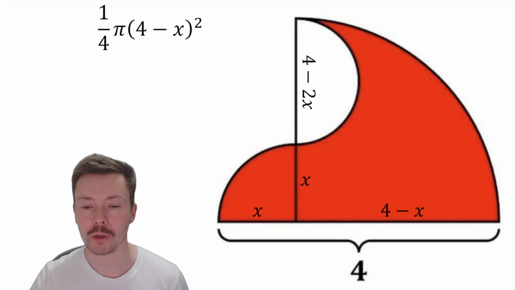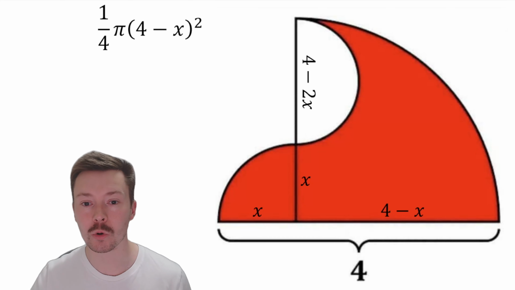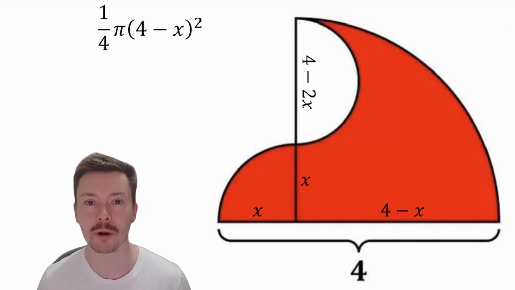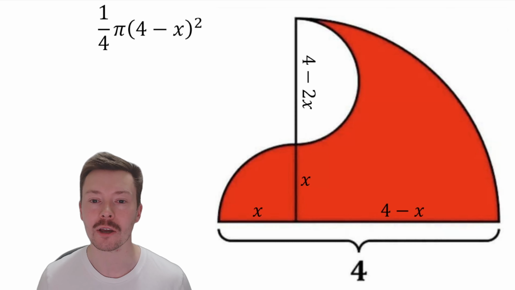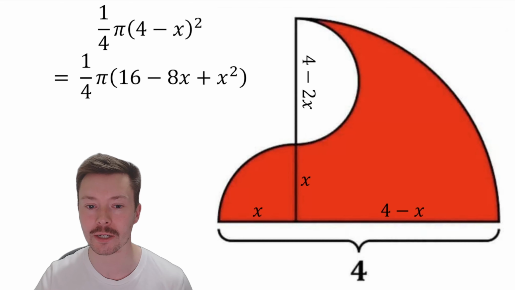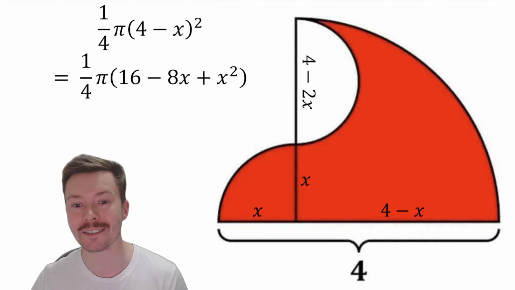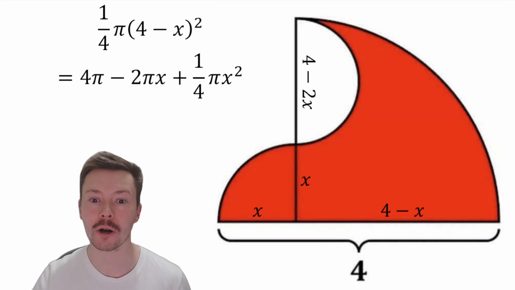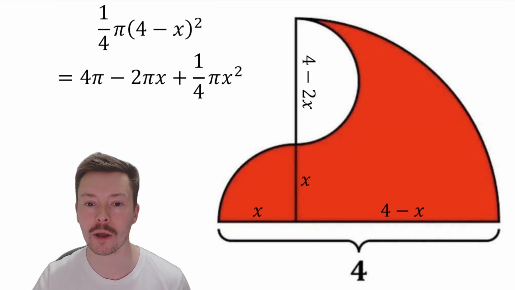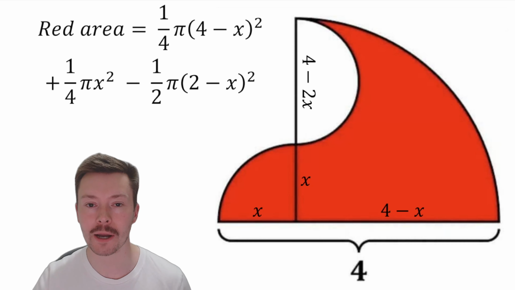So we are going to get a quarter pi, and then expanding these brackets, 4 minus X times 4 minus X will give you 16 minus 8X plus X squared in our brackets. So we get a quarter pi times 16 minus 8X plus X squared. Put the quarter pi inside, and we're going to get 4 pi minus 2 pi X plus a quarter pi X squared.